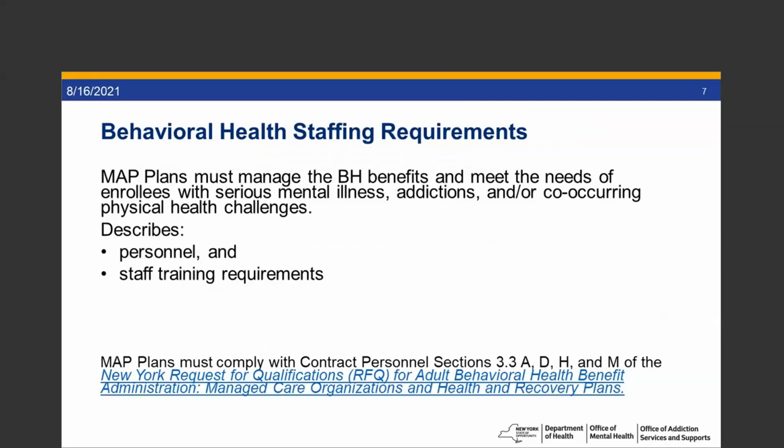The document also outlines the staffing requirements. When we carved behavioral health services into mainstream and created the HARP in 2015, we had a higher bar and quite a few key positions and managerial positions that we required for those plan types.